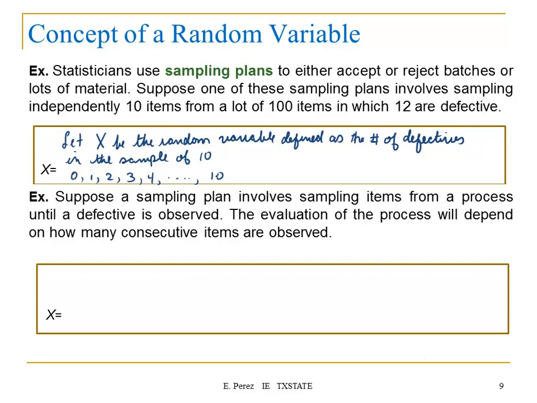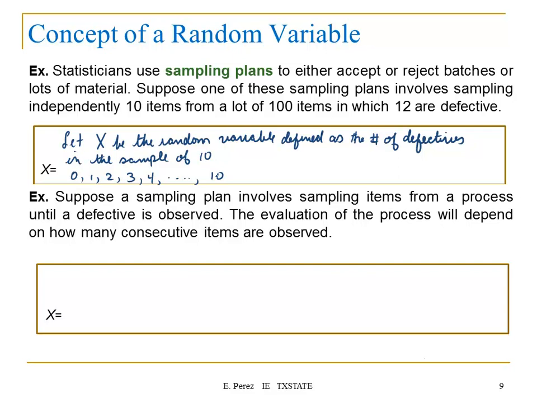The only thing that we're doing here, we're not assigning probabilities to those events yet. The only thing that we're defining here are the values that the random variable can take. Okay, so you're just saying it's feasible. It is feasible. All of them are feasible. So even though you have 12 defective, if you are lucky, you can get all of them if you pick 10. Or unlucky, because in this case they are defective.